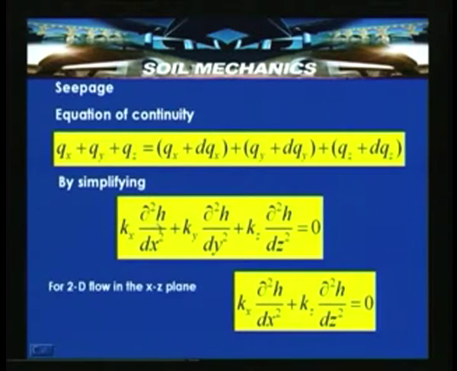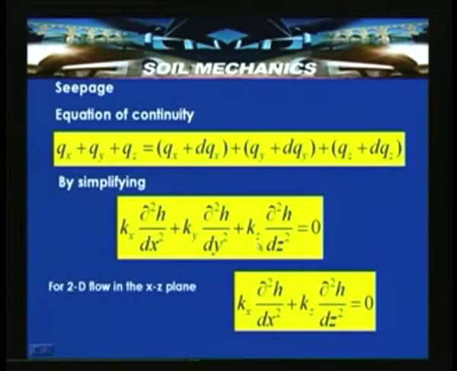By simplifying, qx plus qy plus qz is equal to qx plus dqx plus qy plus dqy plus qz plus dqz. The simplification yields kx into dou square h by dou x square plus ky into dou square h by dou y square plus kz into dou square h by dou z square is equal to 0, where h is the head at that particular point under consideration.